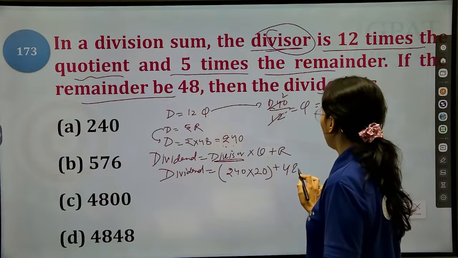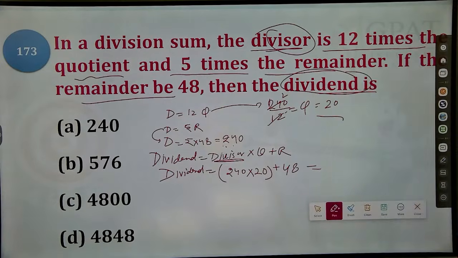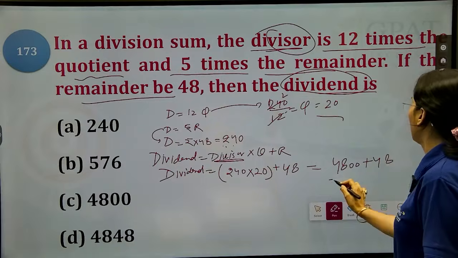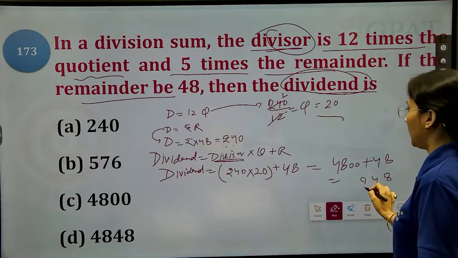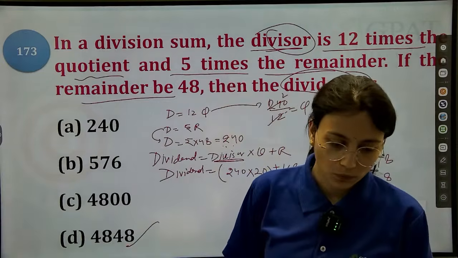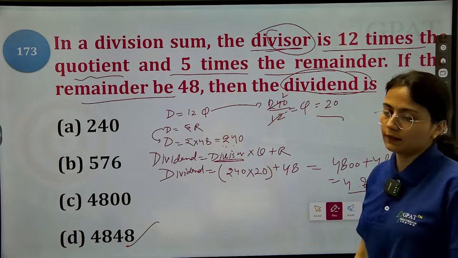By solving this we get our dividend: 4800 plus 48, which is 4848. So option D is correct.